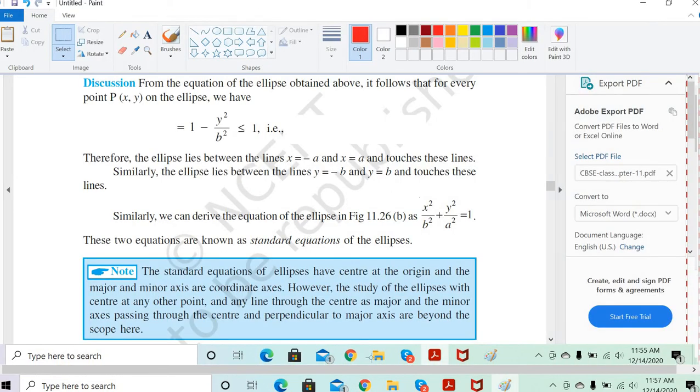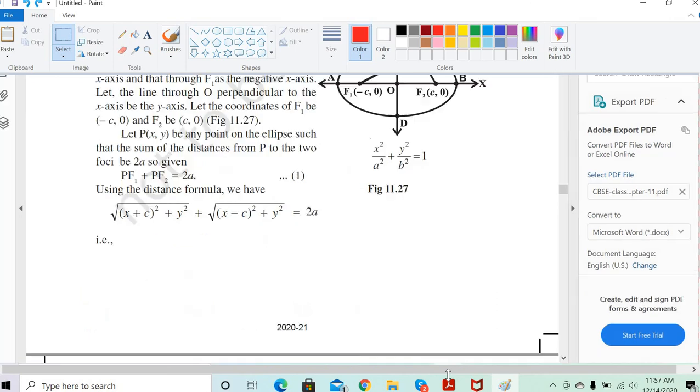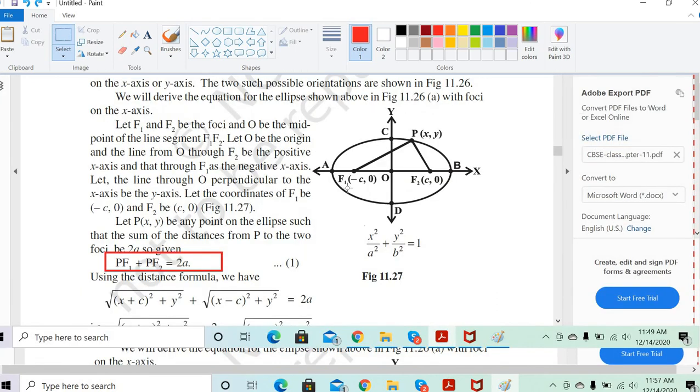Now let's understand this example. So this is the distance. Okay, I'll just put it here and then tell you this part.